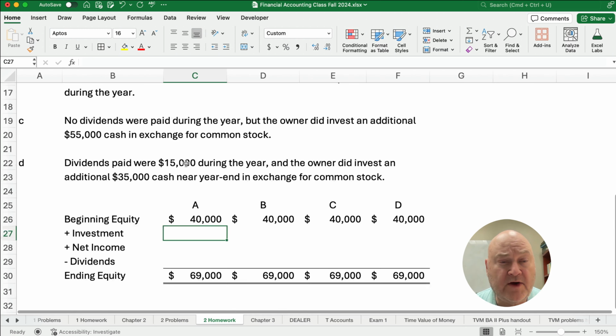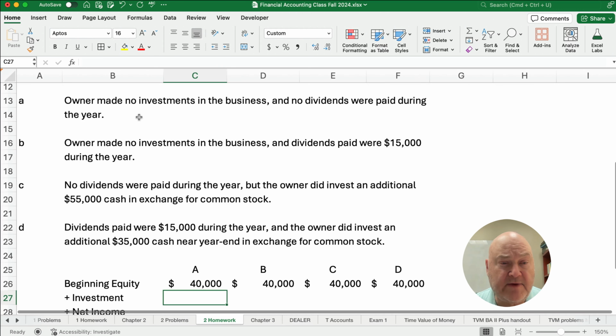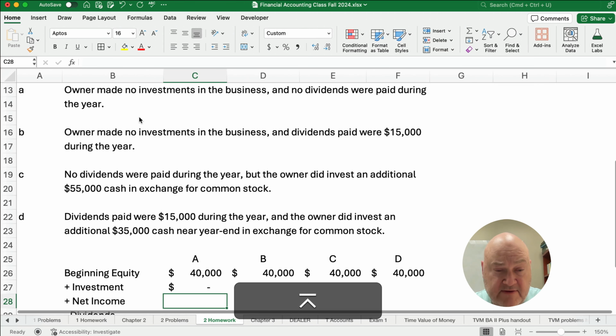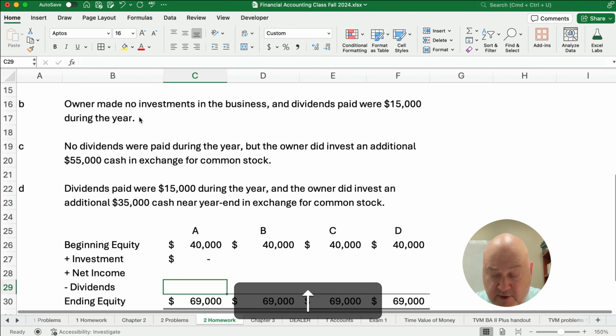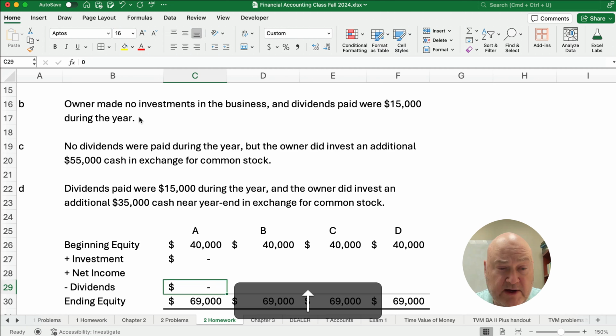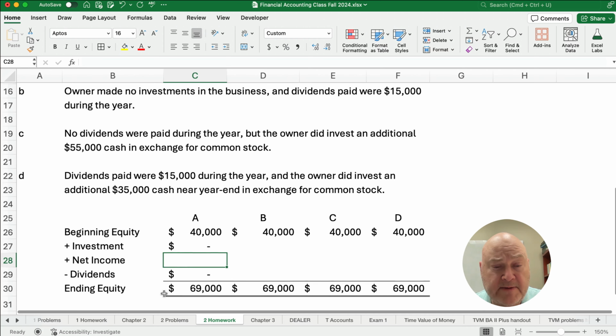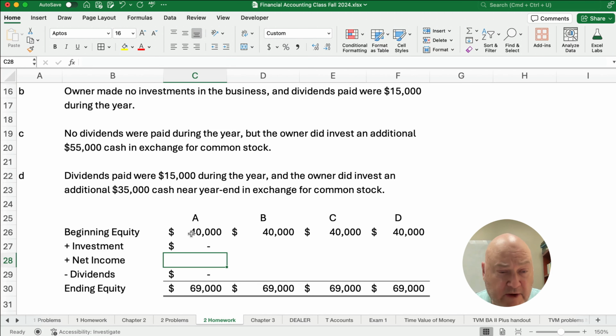Now, what if we have item A? It says we made no investments, so that's 0, and no dividends. Well, that's 0 also. So what would our net income be? Well, if we're trying to reverse and figure out what's going on with the problem, instead of saying 40 plus 0 plus net income minus 0 equals 69,000, we do the reverse.